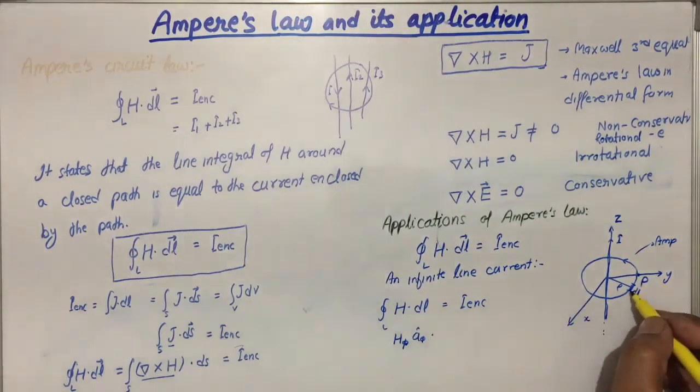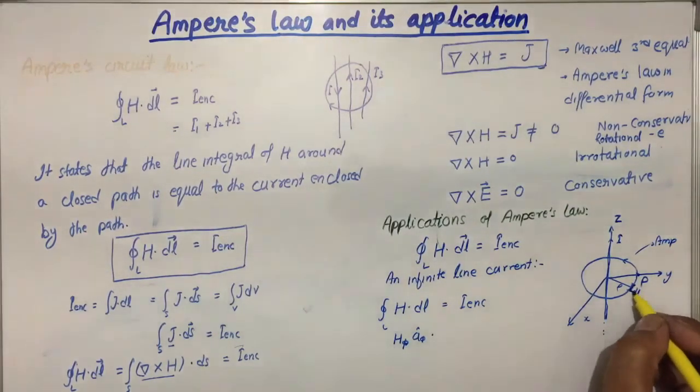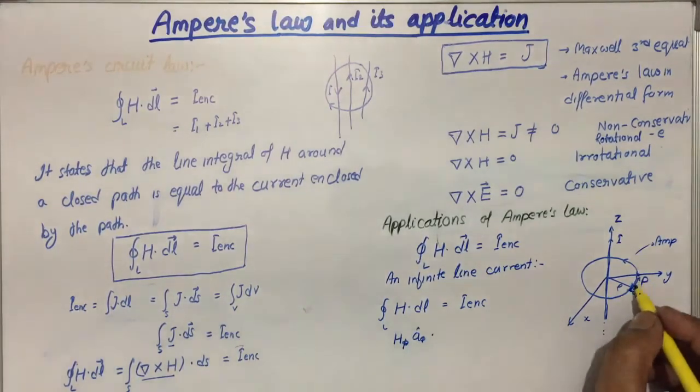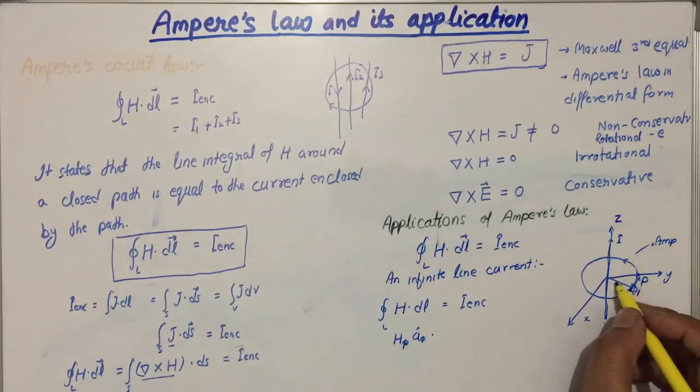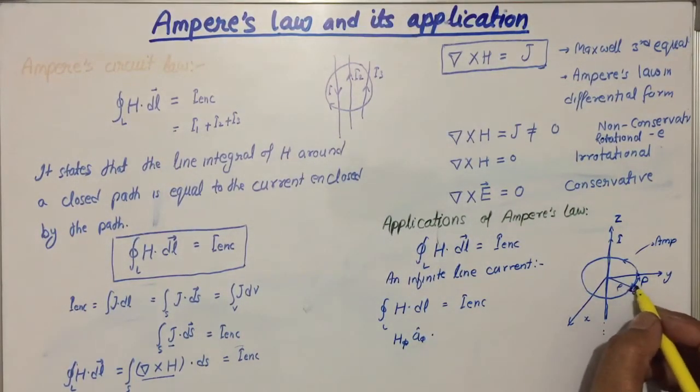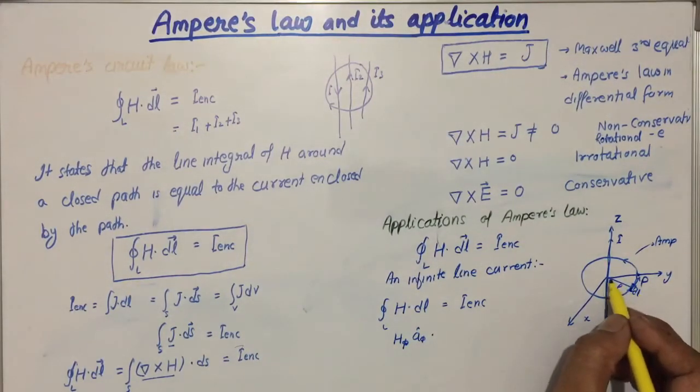dl will be? What is dl? An element, a current element, it is increasing in the direction of phi. If we take a small portion dl, that is nothing but rho d phi.